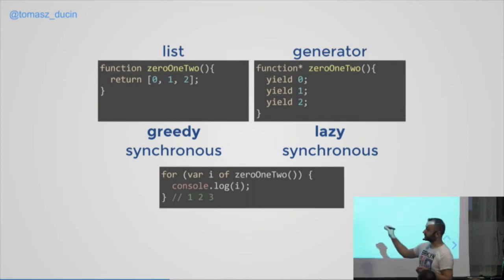I can do it with arrays, but I can also do it with generators, sets, and whatever kind of data structure I write, and I just implement the iteration protocol. I can use it in the for-of loop that was introduced in ES6, but I can also use it with the spread operator, with Array.from, and generator delegation as well. So this is a common concept between different data structures and between different syntax constructs.